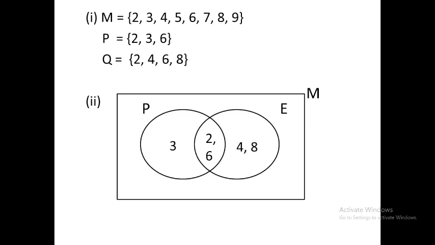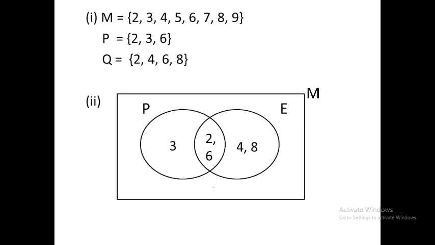Now, when we look at the Venn diagram, we can see 2, 3, 4, 6, and 8. But in the mother set, that is the M, there are some members that are not in P and Q. So we need to put them outside, but inside the rectangle.